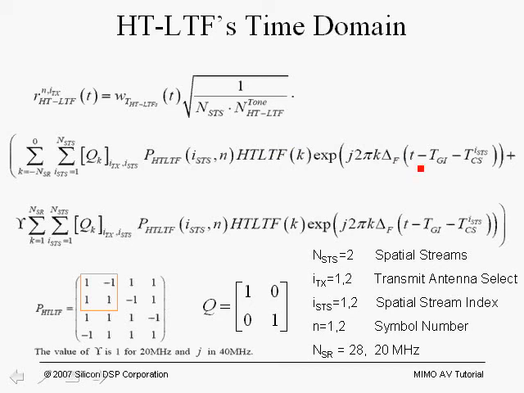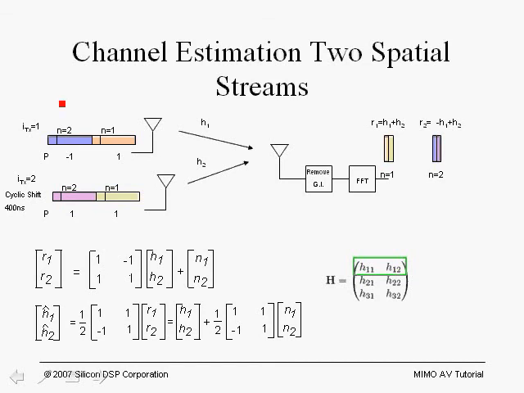Now, recall that it is important to note that when training is performed, between transmit chain number 1 and transmit chain number 2, the symbols in transmit chain number 2 are cyclically shifted by 400 nanoseconds. That is, we're using CDD when we transmit from the second chain, and also we use CDD when we transmit from more than 2 chains. For example, in a 3x3 or 4x4 system, each chain would have a cyclic shift.